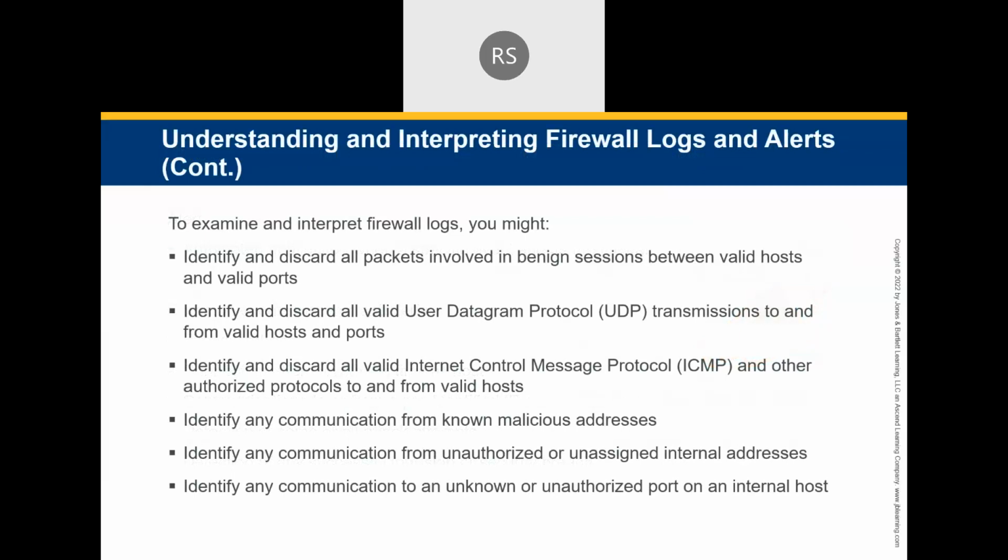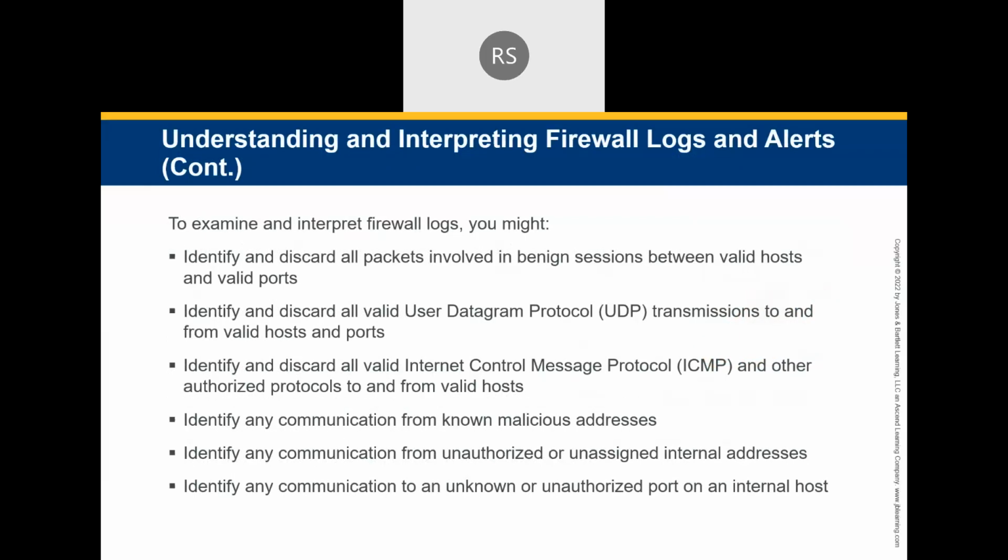Now, when you look to examine and interpret firewall logs, there are a couple key steps that you may look at. You want to identify and discard packets involved in the benign sessions between valid hosts and ports. You will identify and discard valid user data protocol transmissions to and from authorized hosts and ports.